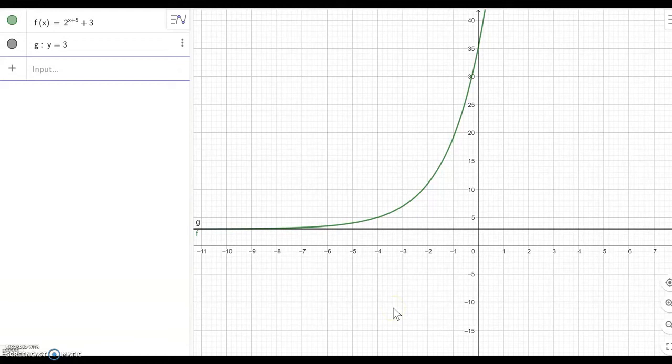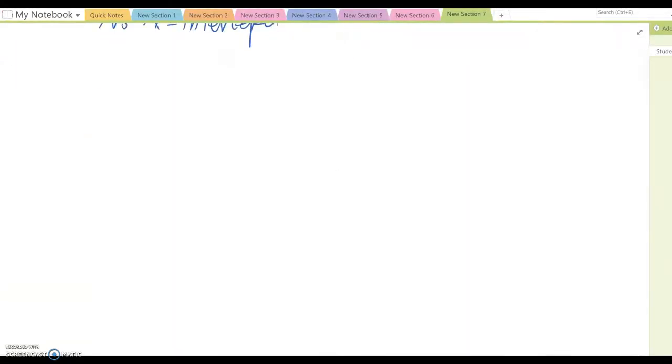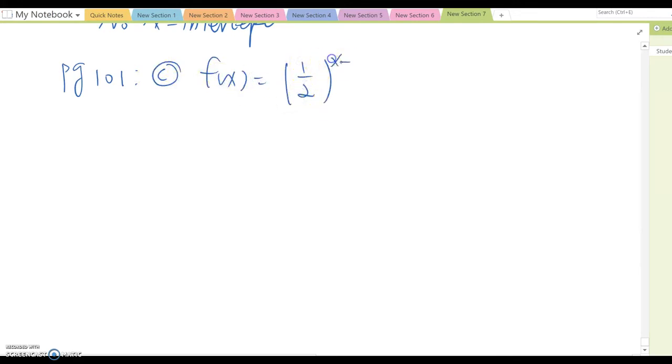Okay, so look at another graph here, maybe page 101. See the graph here, f(x) = (1/2)^(x+4) - 3. So based on previous work, now we can conjecture this graph transformation from the parent function.